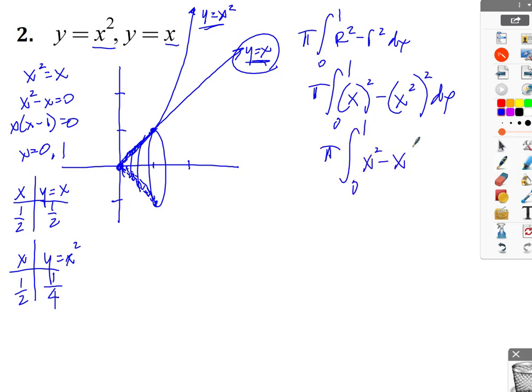This is x squared minus x to the 4th. Antiderivative is going to be 1/3 x cubed minus 1/5 x to the 5th, from 0 to 1.